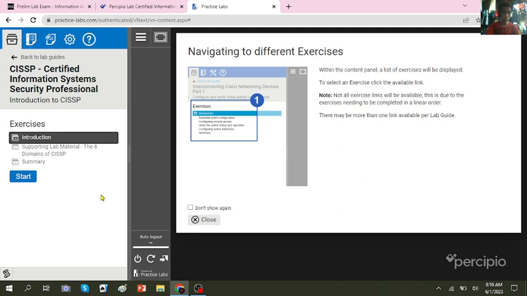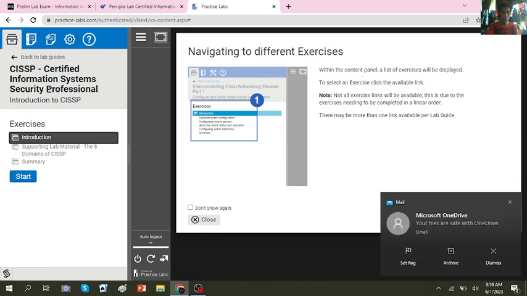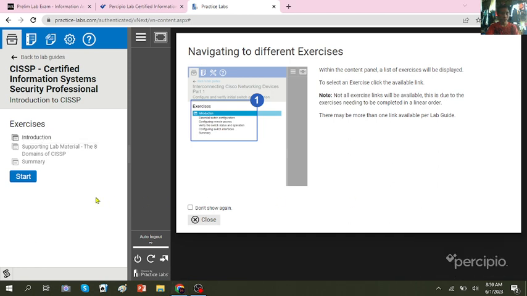We are here in the first lab, the introduction of CISSP. Let's start.